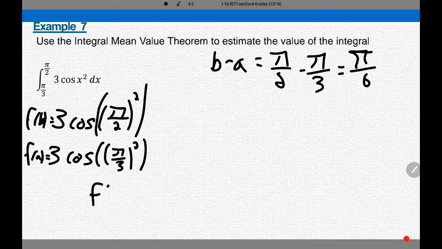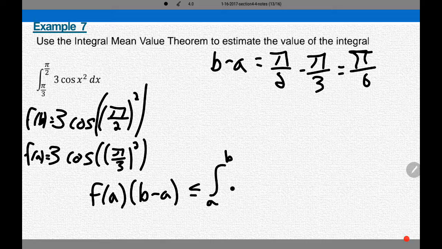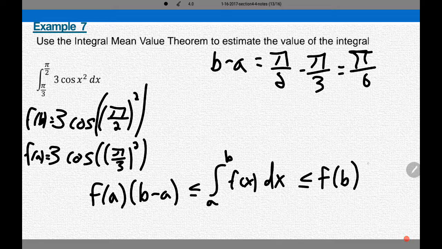So if you remember, I do f at a times b minus a, and that's less than the value of the integral. And then that's less than or equal to, again, the function at b, that capital M on that last slide. So if I plug the stuff into here, we can get our range. So really, we got to take the cosine, and I went ahead and calculated these out.